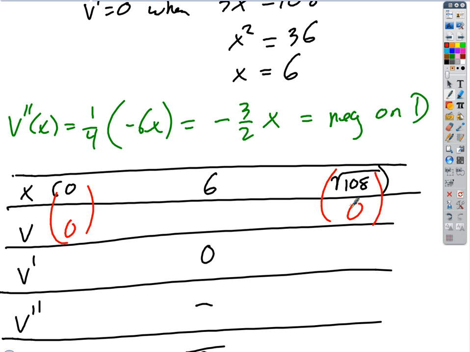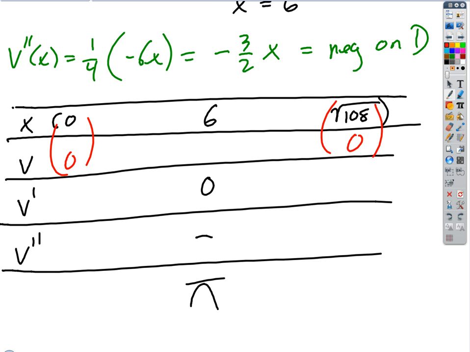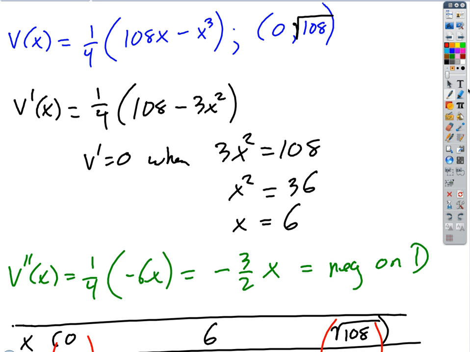We could argue, I think pretty soundly, that we could build some box that has some volume other than 0, right? Agreed? We'd all agree on that. So if we know we can build some box that has some volume other than 0, and the endpoints of my domain are giving me 0 volume, this volume function isn't really that mysterious, is it?